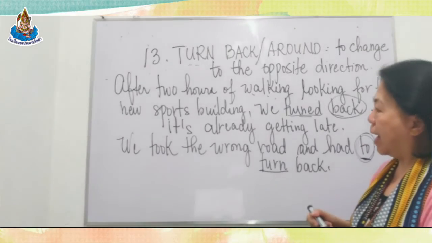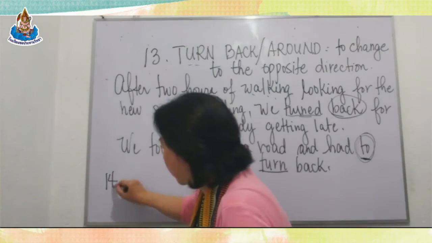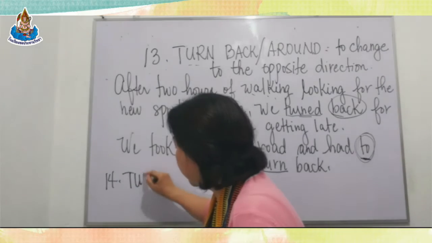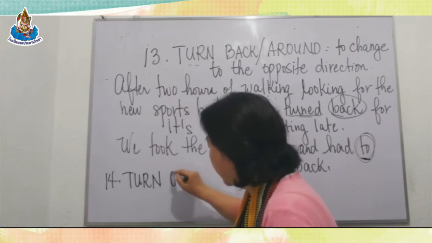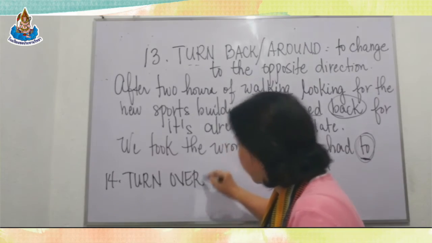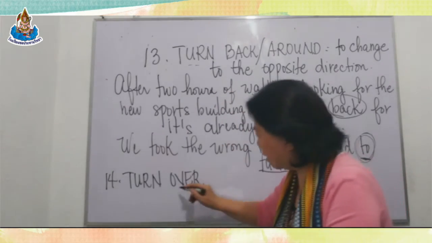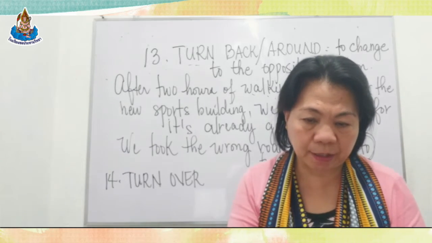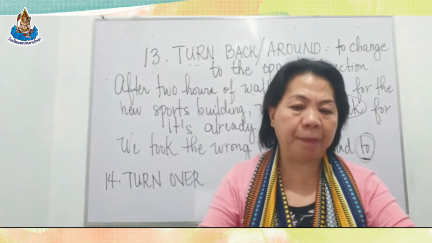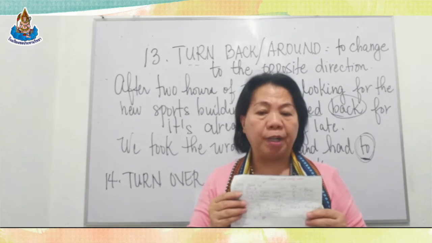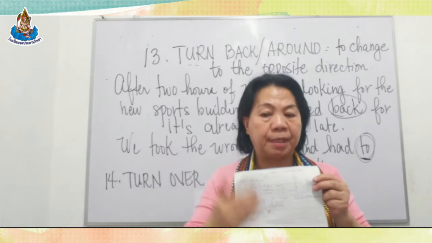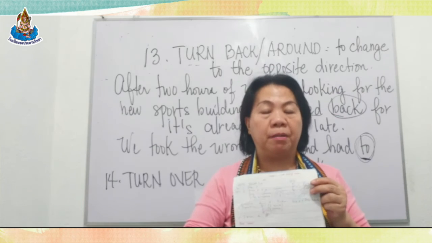Okay, so last but not least for our phrasal verb group D is turn over. Another verb which is the same with number 13, turn. Particle which is over. So what is the meaning of this turn over? If you turn over something, you are going to turn the top side to the bottom.